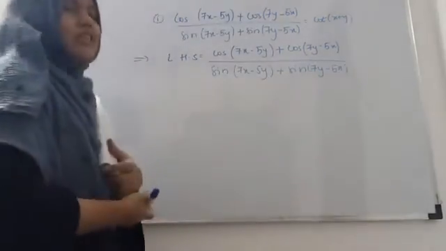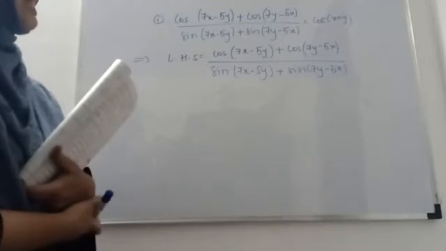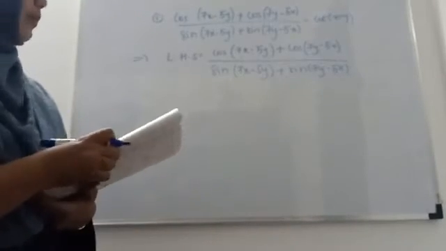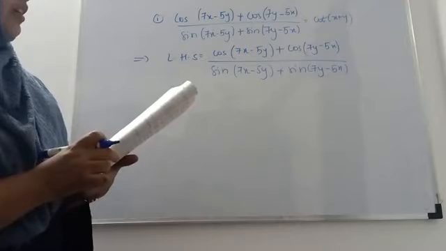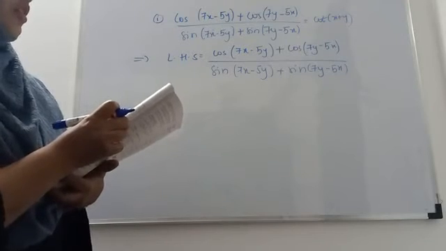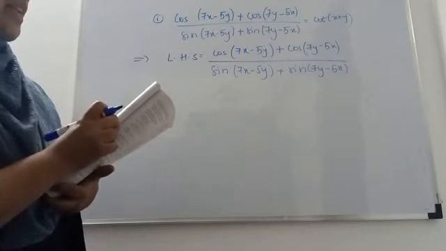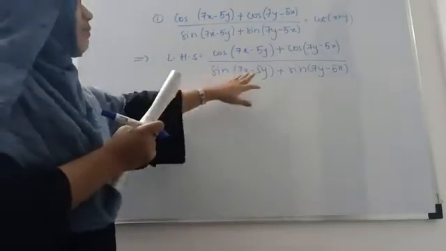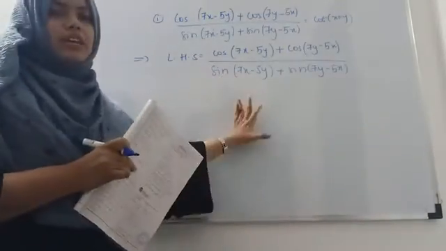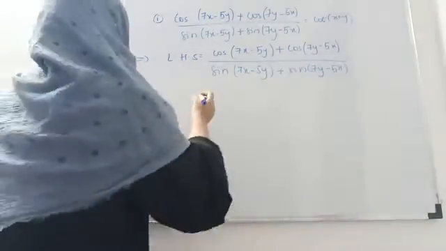For cos C + cos D, we have the formula 2 cos((C + D)/2) cos((C − D)/2), and for sine plus sine, we have a formula in terms of sine and cos. So that we will apply.